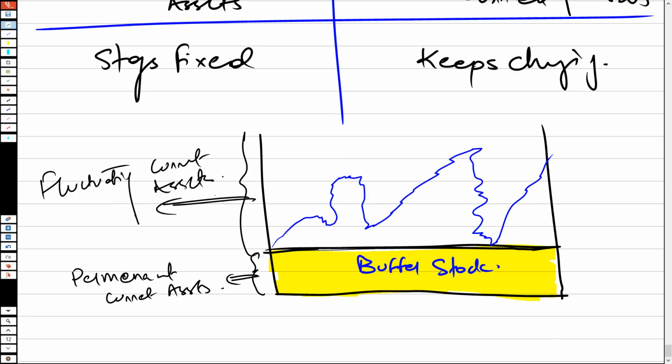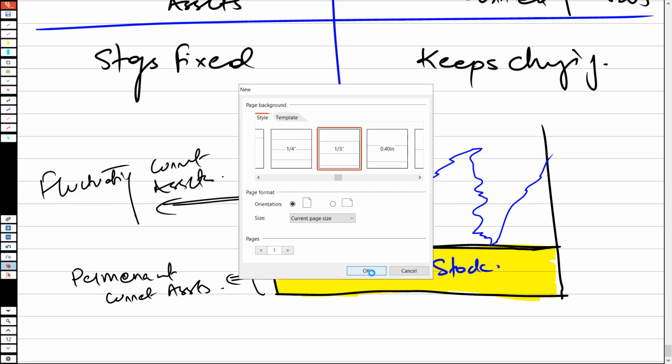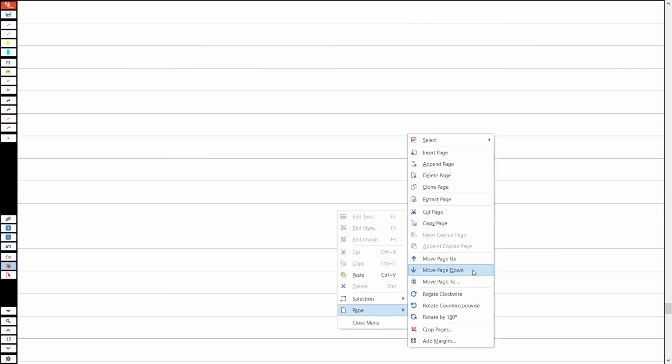Okay. Now, because I need to tell you about the different types of working capital financing policies, I need to use these terminologies, which are fluctuating and permanent current asset. So there are three different types of approaches that you adopt.